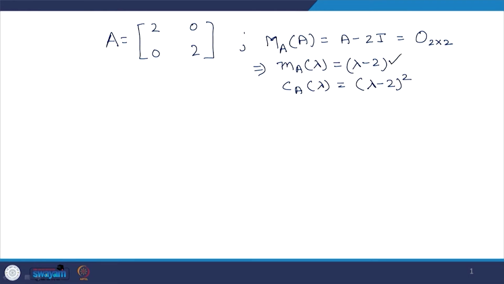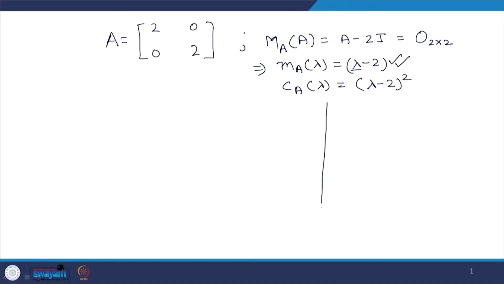If you observe here, this minimal polynomial has less degree compared to the characteristic polynomial, and it is monic. Now what is the meaning of monic? Monic means the leading coefficient of the polynomial is 1, and it is a polynomial of a single variable. For example, if you have a polynomial, let us say 2 lambda cube minus lambda square plus 4 lambda minus 8, then it is not monic.